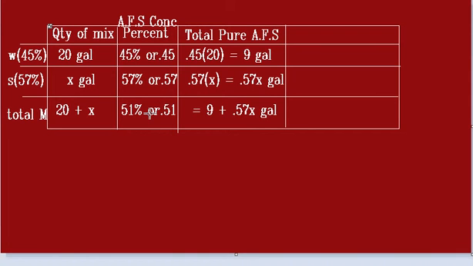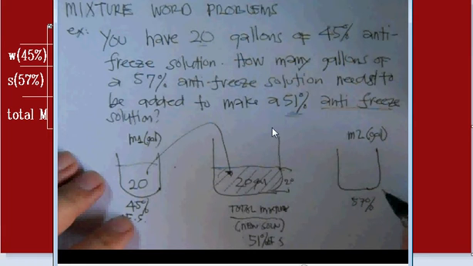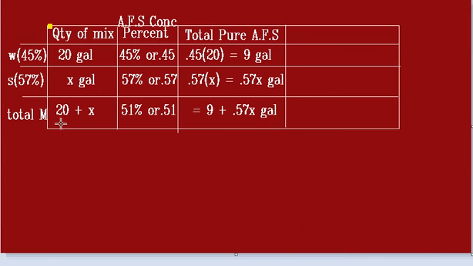If you total the quantity, a new mixture is formed, the mixture at the middle is now the total of the two mixtures, with a concentration of 51% anti-freeze solution. That's why it is 20 plus x, because there were 20 gallons from the 45% weaker solution and x gallons of the 57% stronger solution.